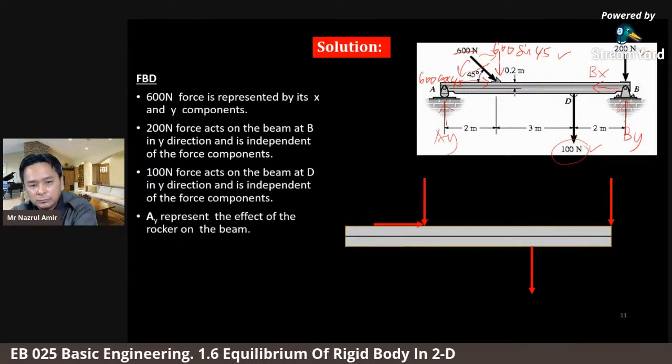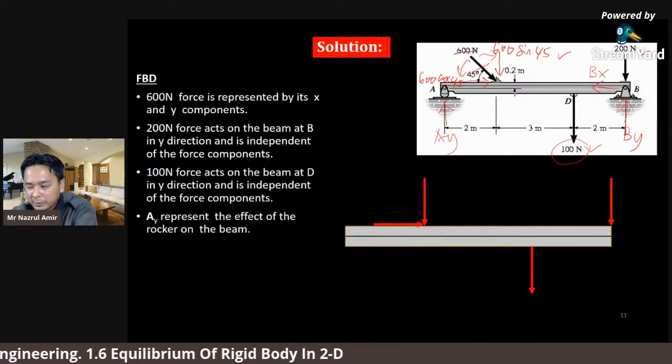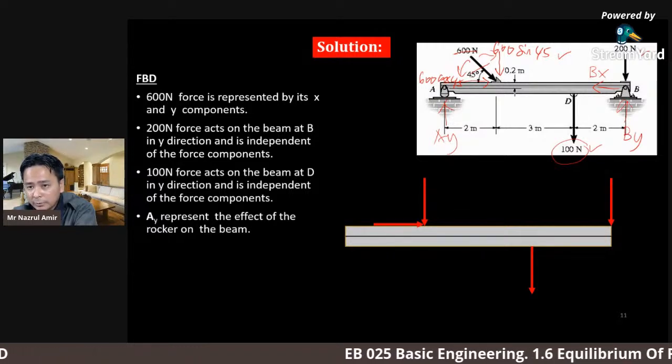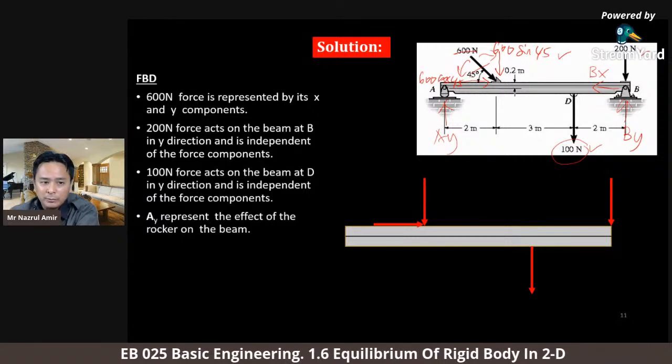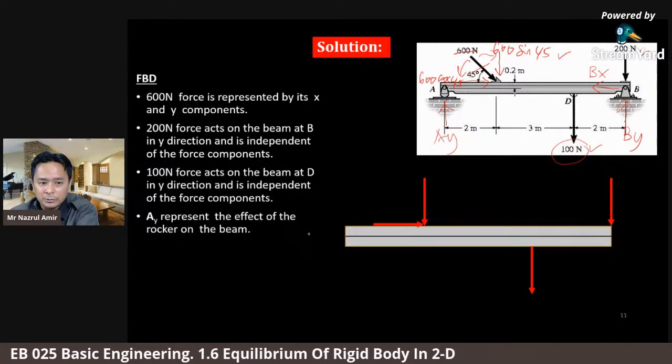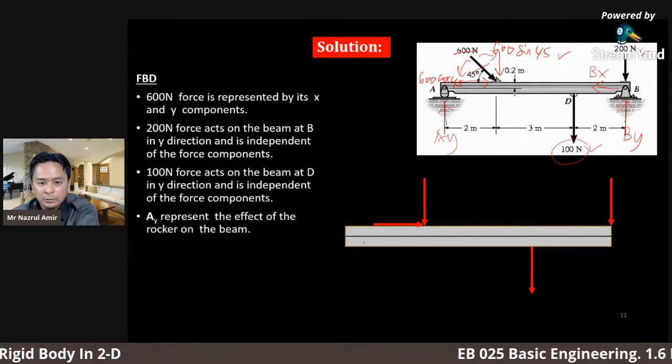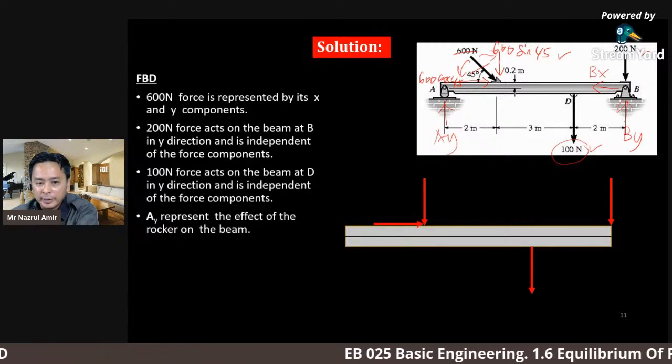Now, what happens is that point A and point B, which are supports, will counter back with reaction forces. Firstly we start with AY. AY represents the effect of the rocker on the beam. AY will be exerted by the rocker to oppose the action forces.